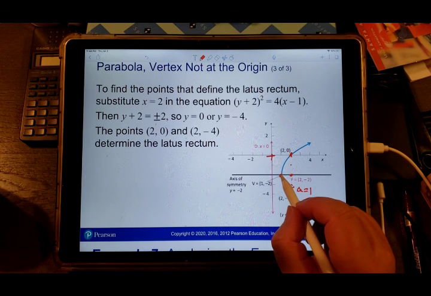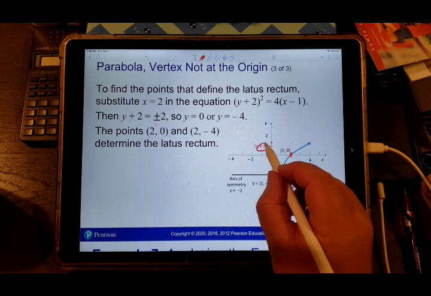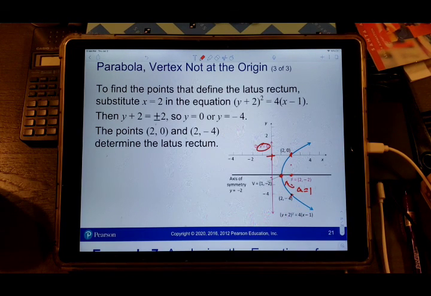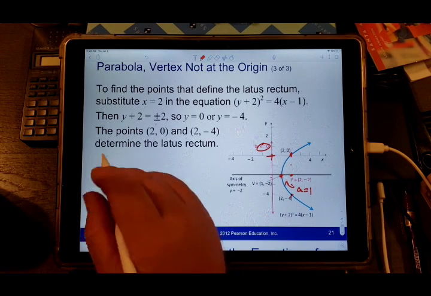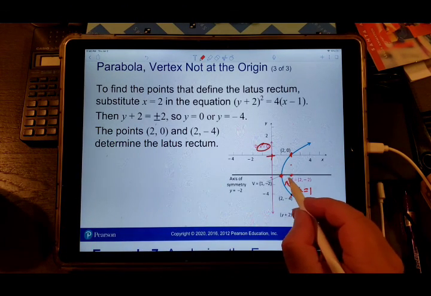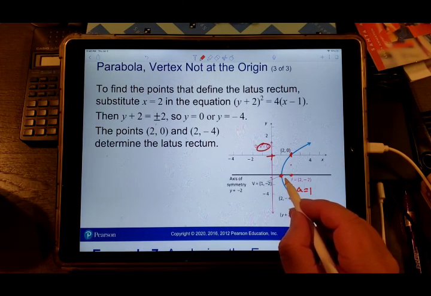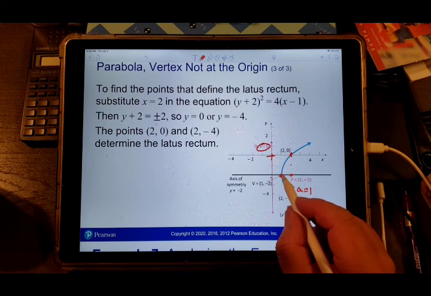So I get my graph very quickly just by drawing these two things. If I want 1 in this direction for the focus, I want to go 1 in this direction, which is the line x equals 0. And that pretty much gives me my image. All right, what did I need to know? Actually, I needed to understand something.